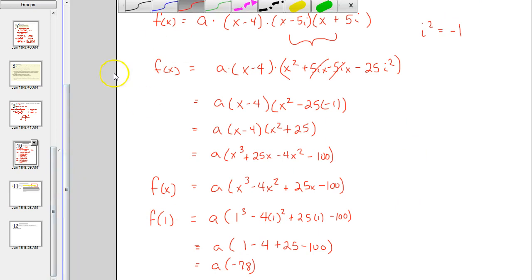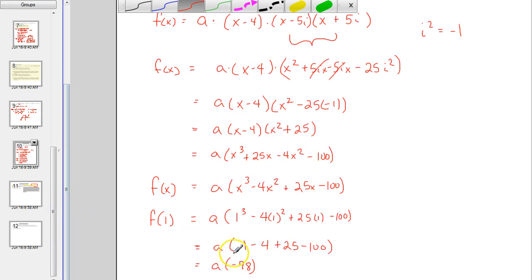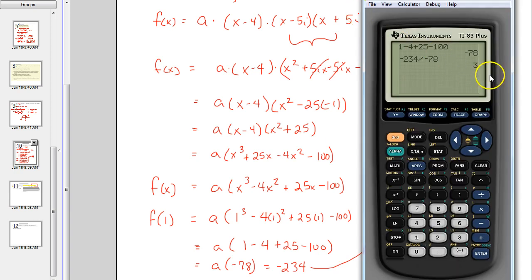According to this problem, I get negative 234. So that means if I divide both sides by negative 78, I get negative 234 over negative 78, right, which is 3.